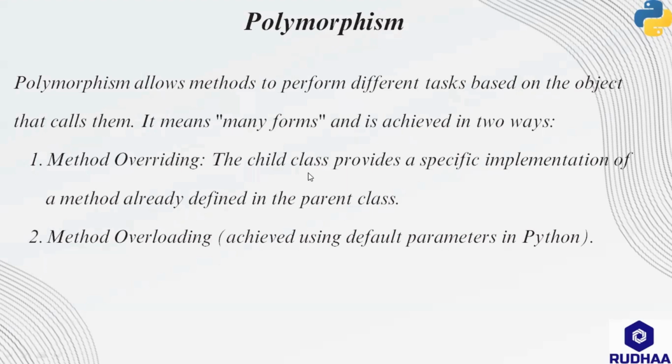So when it is already defined in the parent class, you can assign some other object onto it so that it will take another form. So this is called method overriding. And another is method overloading, which is achieved using default parameters in Python. So taking many forms is said to be polymorphism.